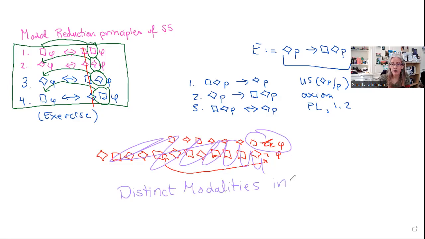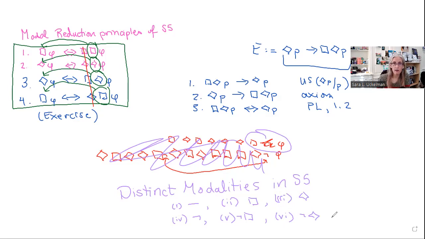The distinct modalities in S5, that is, the modalities that are not equivalent to each other, are not reducible to any other modalities, are the empty modality, negation, box, not box, or box not, doesn't really matter, and possibility, and negated possibility.